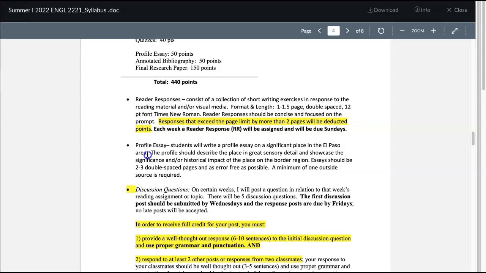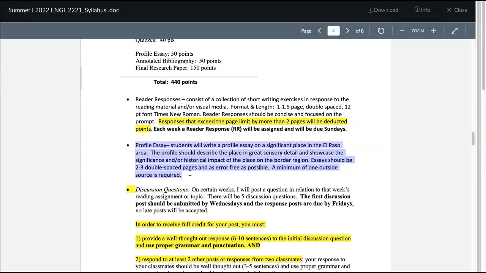And we are going to have 1 essay, and this is going to be the profile essay. The profile essay is going to be over a significant place in the El Paso area. So I realize that there are still a lot of restrictions, so obviously if you cannot visit a place physically, you can do research online to find information about this place.